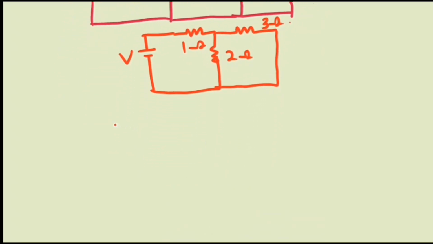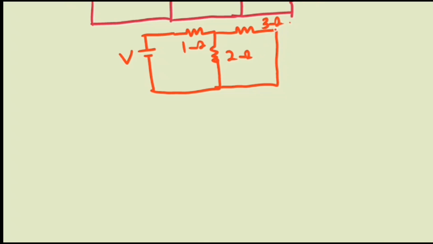So let's see. At this point, we are going to consider the part of this circuit away from the source. Take note, when you are finding the effective resistance, we consider these parts away from the source. So we are going to take the 2 ohm and the 3 ohm first before we come closer to the source V. When I consider the 2 and 3 ohm, you ask yourself, are these two resistors in series or in parallel?